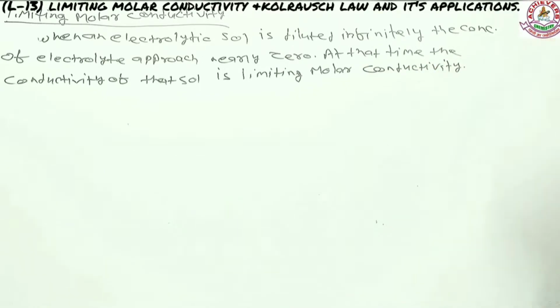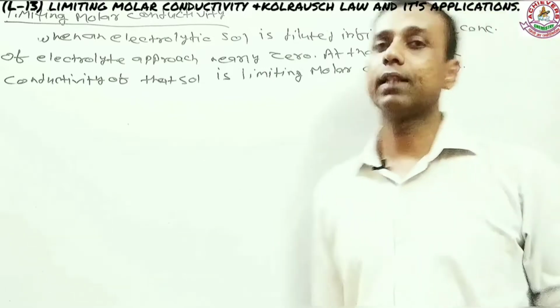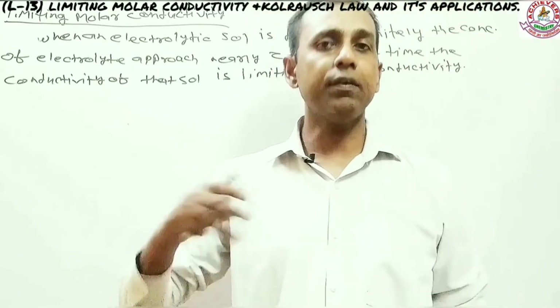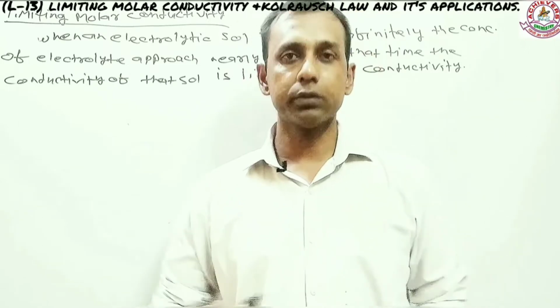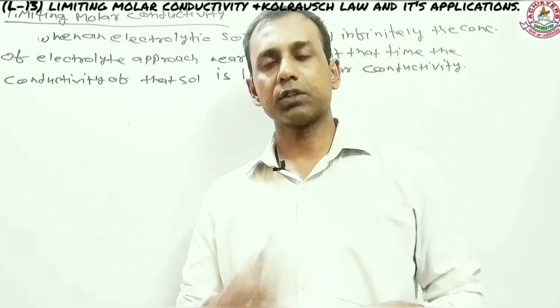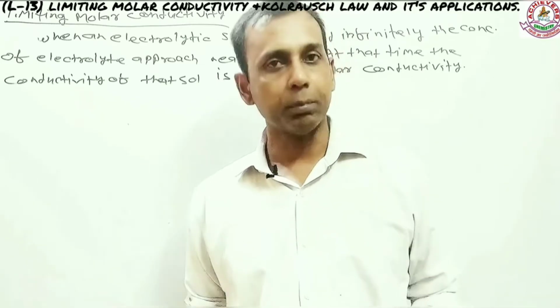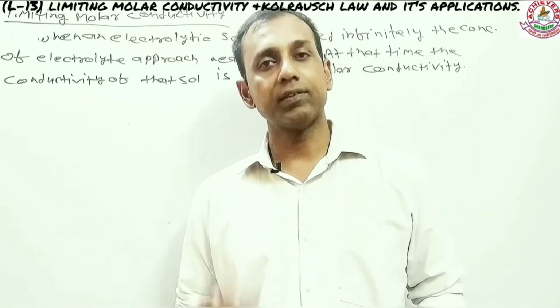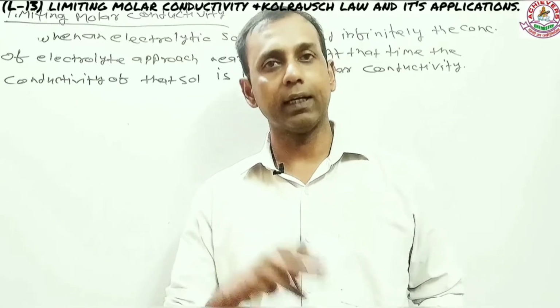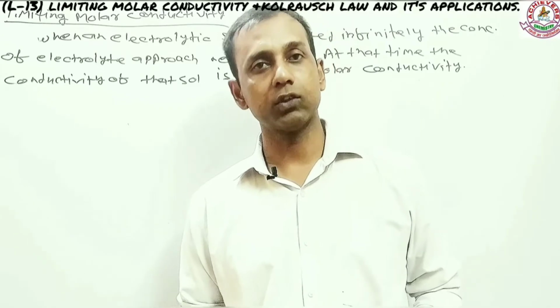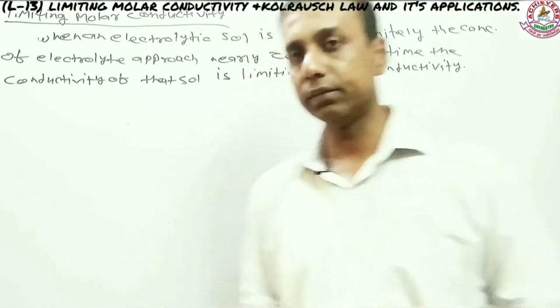So I hope you have understood what I was trying to say: when you increase the amount of water in a solution to a very, very high level, the solute concentration goes small, and the time comes when it becomes absolutely negligible. At that moment, you can say the solution has become infinitely diluted, and the conductivity of the solution is called limiting molar conductivity.